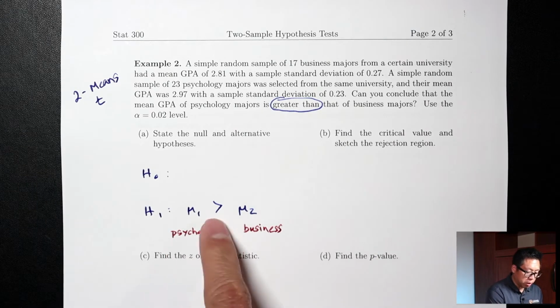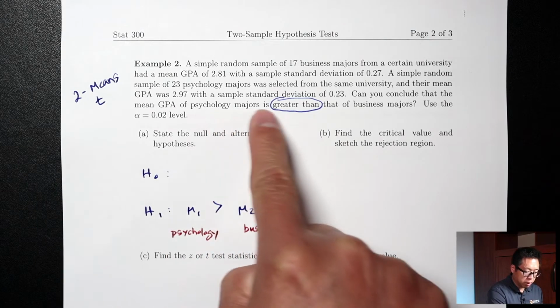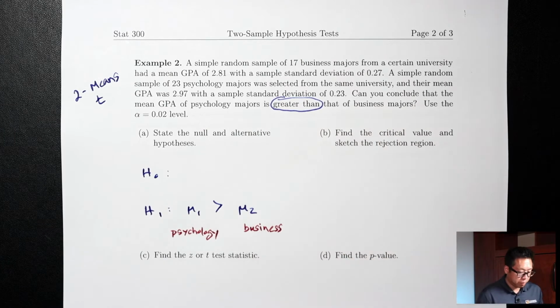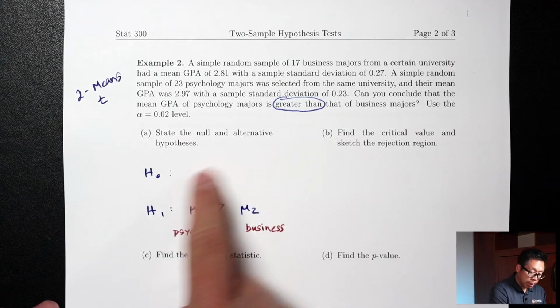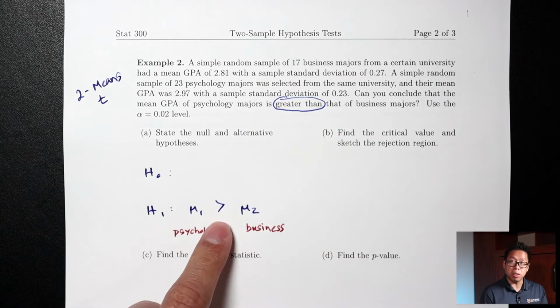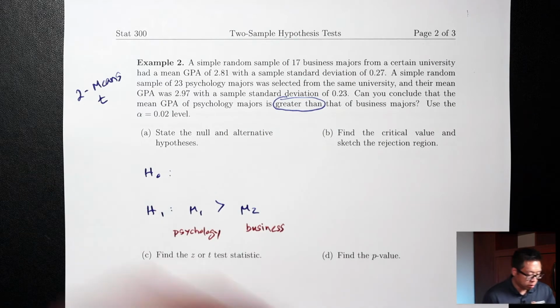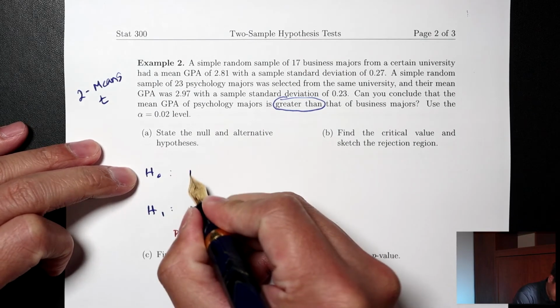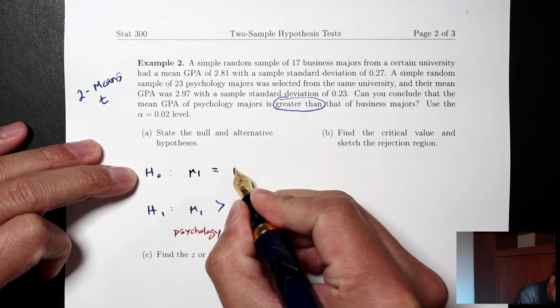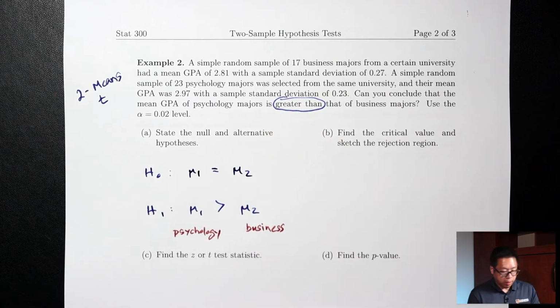Okay, psychology greater than business. Psychology majors is greater than that of business majors. H0 should be the same as my H1, except with an equals in the middle. So my H0 will be mu1 equals mu2. If this were a proportion question, these would be P1, P2.